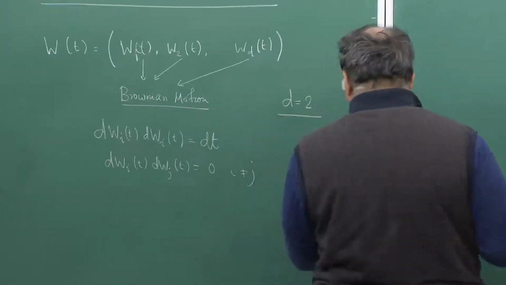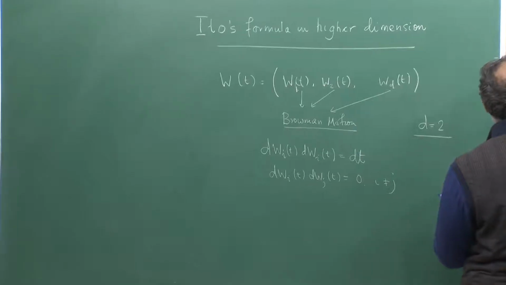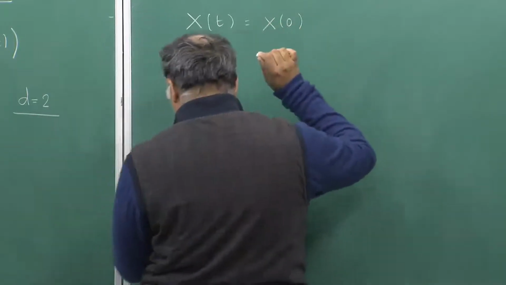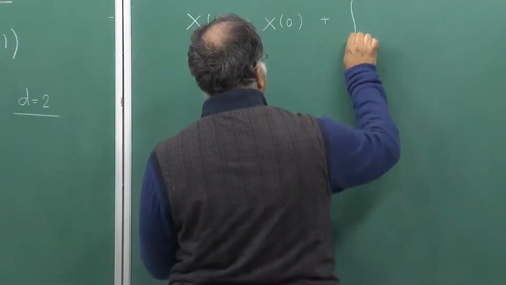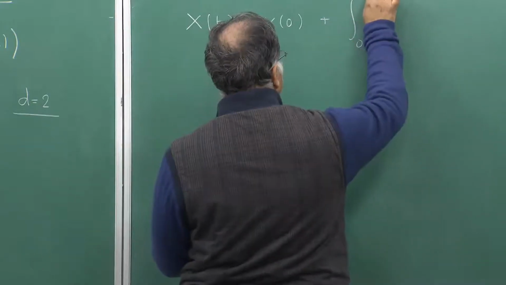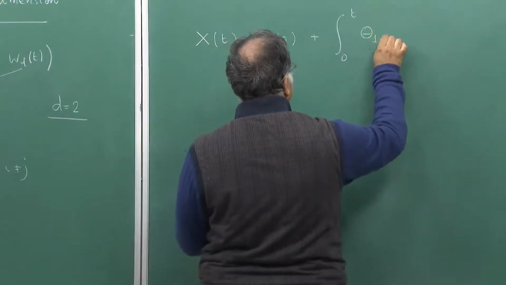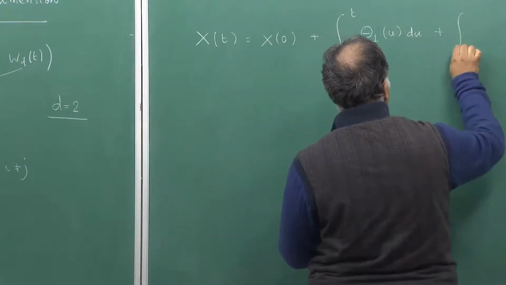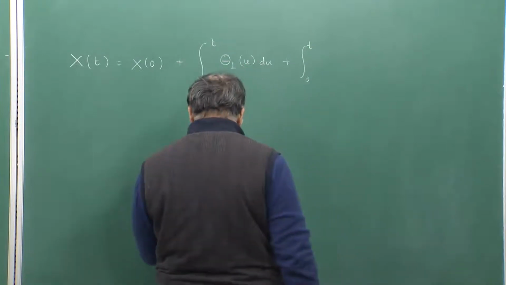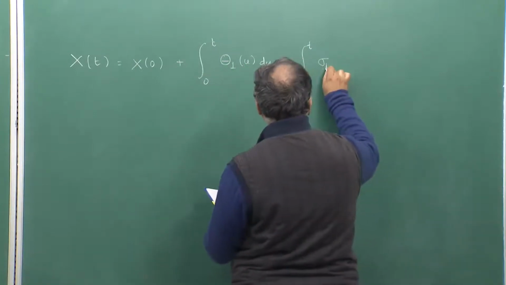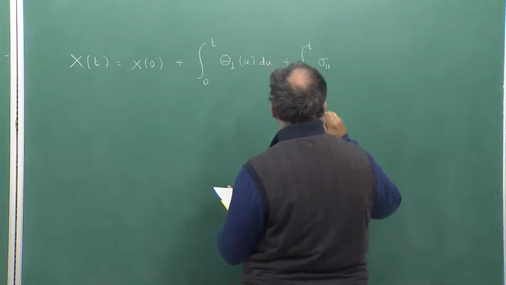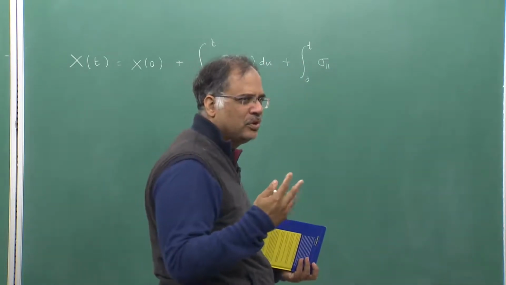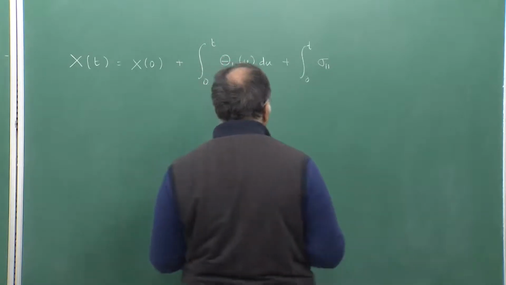So, for example, we are looking at two different Ito processes. The first one is given by this formula: the integral from 0 to t of theta 1 u du plus the integral from 0 to t of sigma 11. Essentially we are trying to recollect some sort of covariance type thing or some sort of matrix.